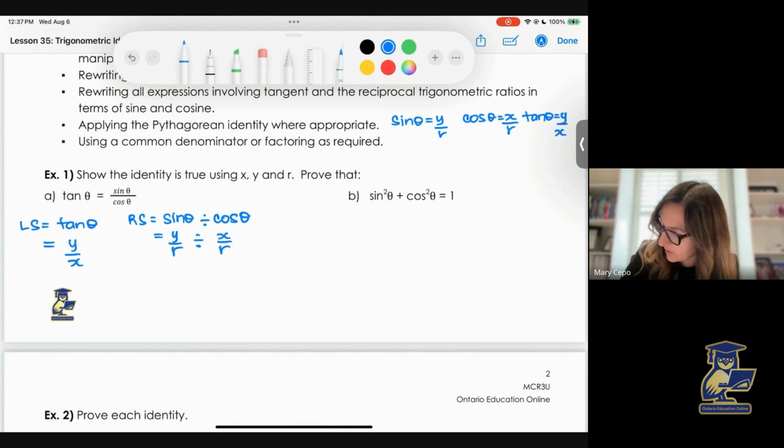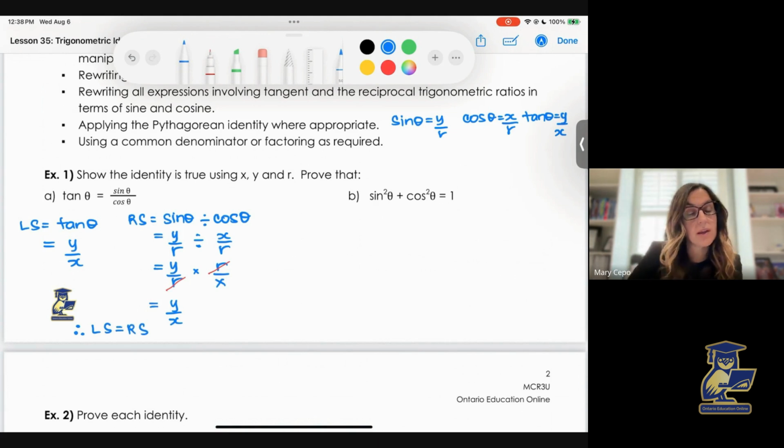If we're dividing fractions, we keep the first fraction, take the reciprocal of the second, and then multiply. Notice we can cross-reduce, so these r's cancel out, and we're left with y over x. Therefore, we've just shown the left side is equal to the right side by rewriting the ratios in terms of x, y, and r.